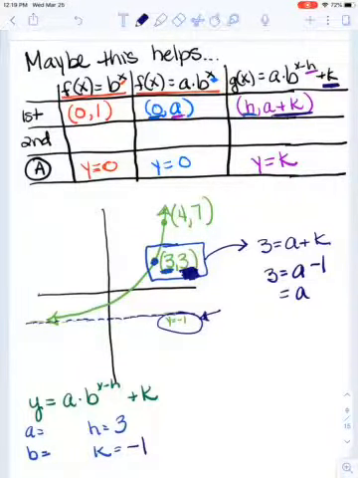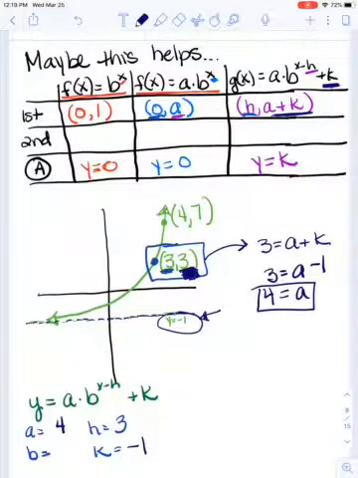So what is a? 4. And now we just need to get our b value.